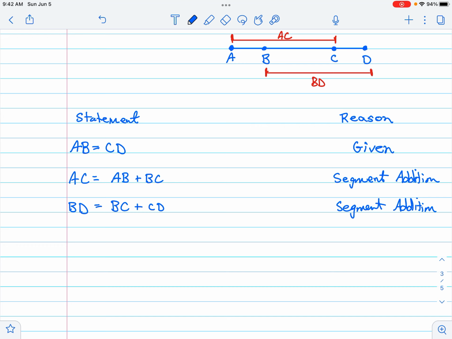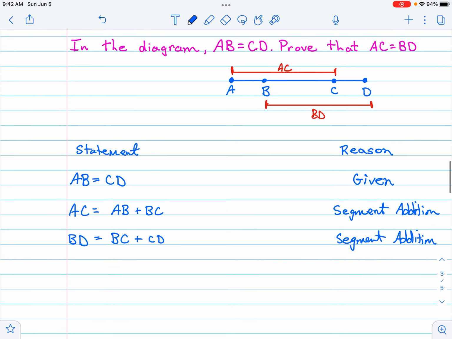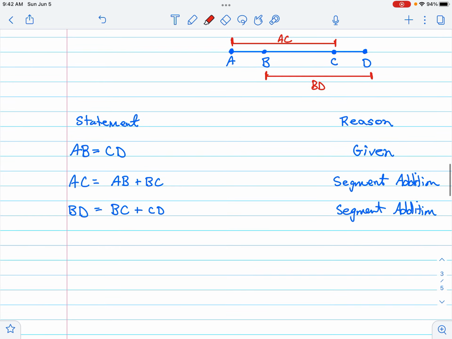Now remember what we're trying to do. We're trying to show that AC is equal to BD. And this is what we've got. So I need AC is equal to BD. First of all, AC is equal to AB plus BC.